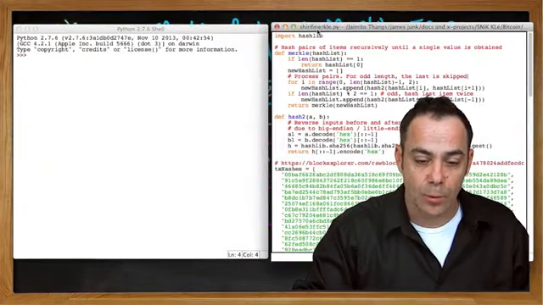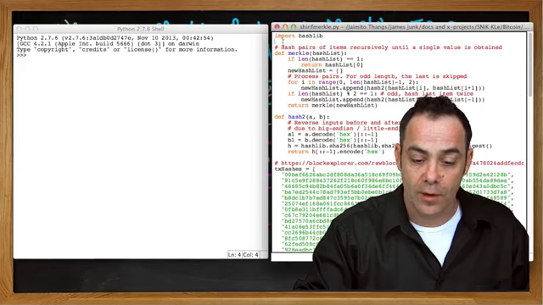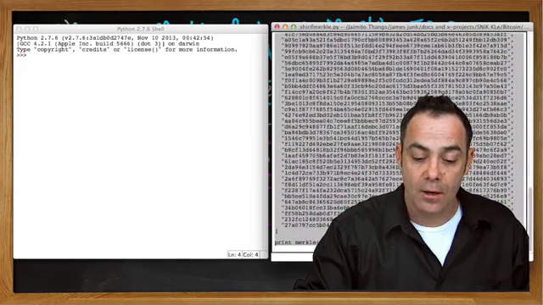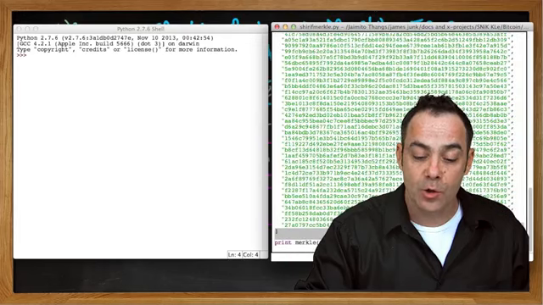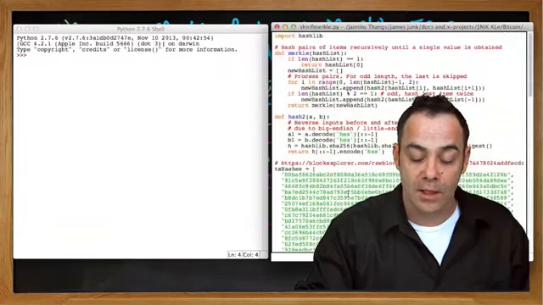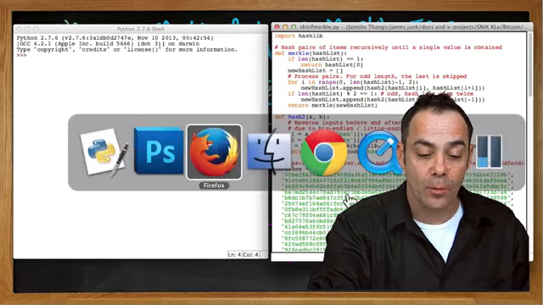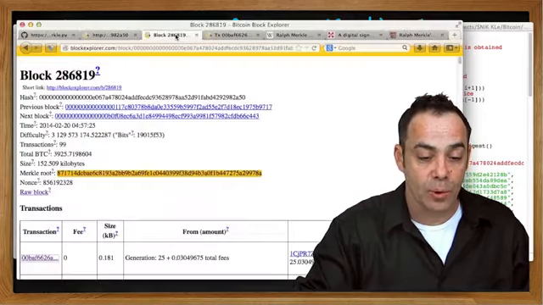And that's exactly what we did. And so here's our code over here by Ken Shirriff, and these down here are all 99 transaction IDs. So these are all the individual hashes that we were seeing in the previous Block Explorer page. And just to hammer that home, let's go back to the Block Explorer.